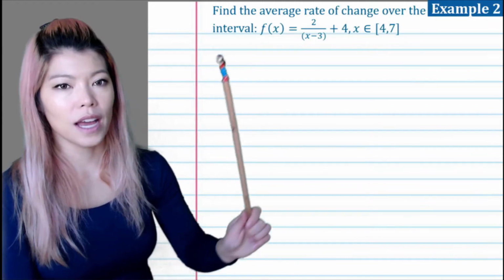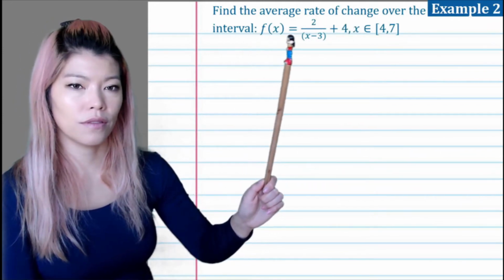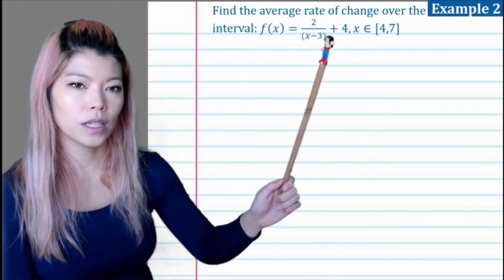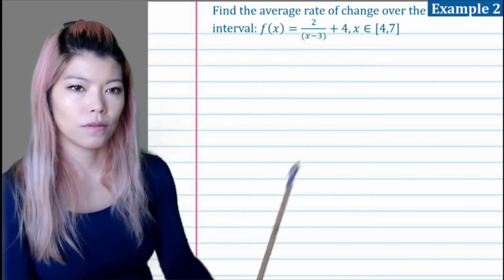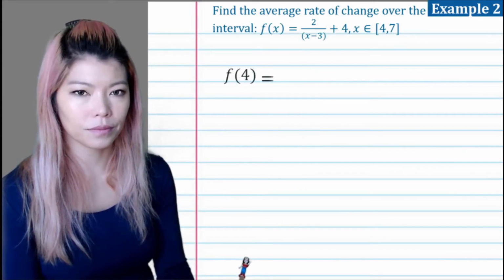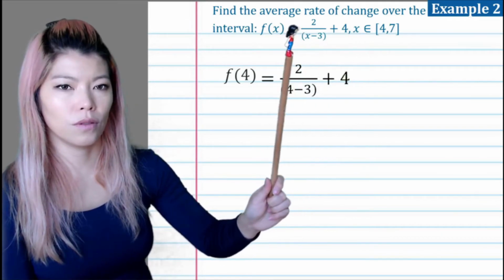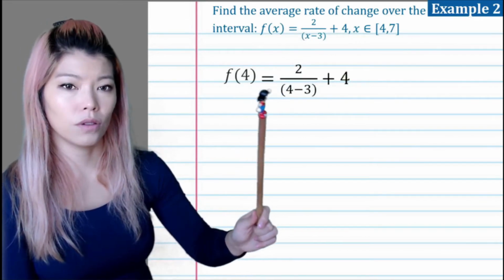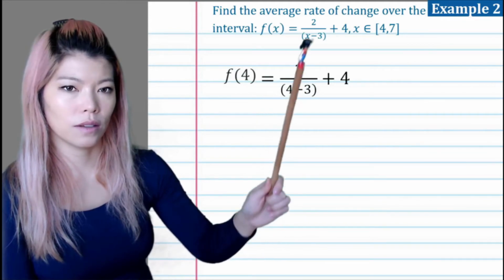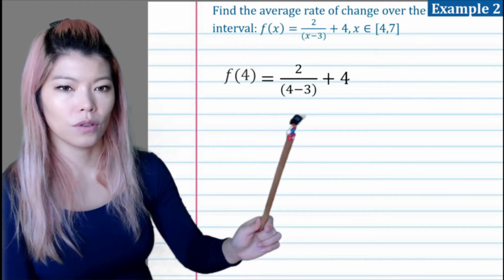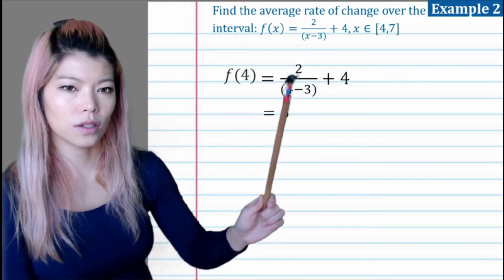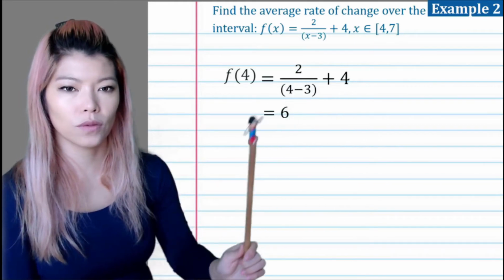Example 2. Find the average rate of change over the interval for f of x is 2 over x minus 3, plus 4, between 4 and 7. So we have to find a y value. So the y value for 4, we'll plug it in, f of 4. So 2 over, wherever we see x, we put 4. 4 minus 3 is just 1. So 2 over 1 is 2. 2 plus 4 is 6.